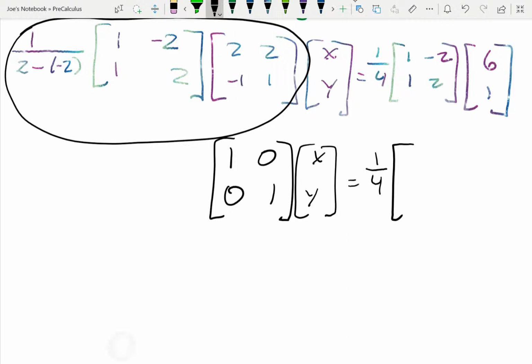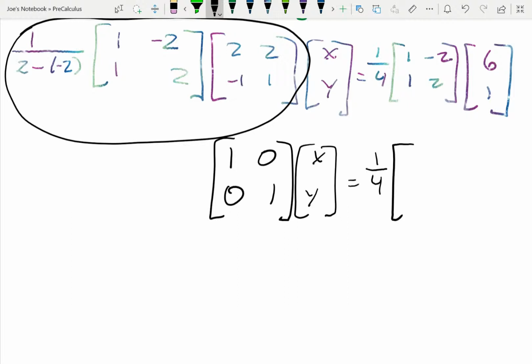So help me out. I've got to do these big numbers, so I'm going to need some help, right? I'm going to go across the row and down the column. So I'm going to go 1 times 6, -2 times 1. And then I'm done with row 1, column 1. Because my product matrix, let's think about this.